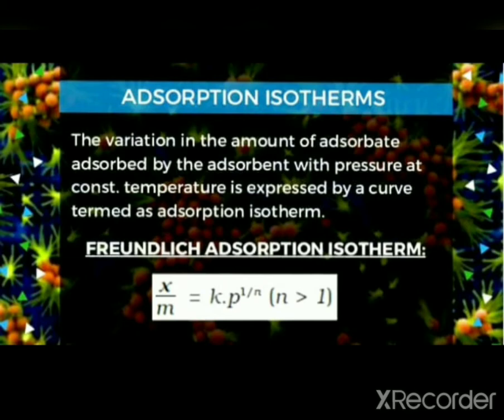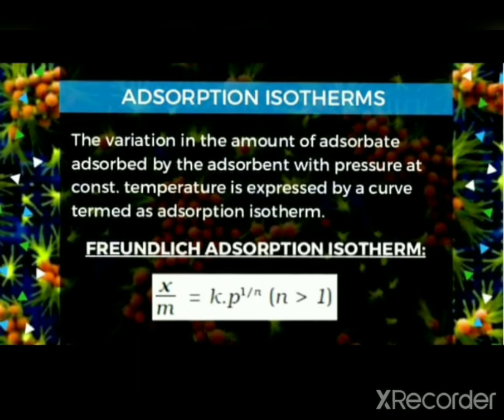It is a curve obtained graphically by taking pressure along the x-axis and the amount of the gas adsorbed by the adsorbent, that is x by m, along the y-axis at constant temperature. The curve thus obtained is known as adsorption isotherm.